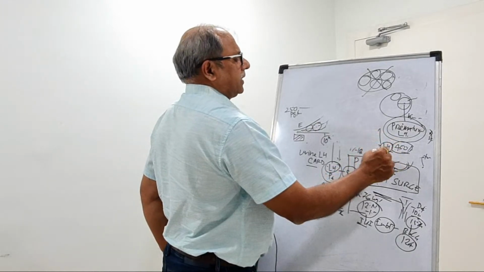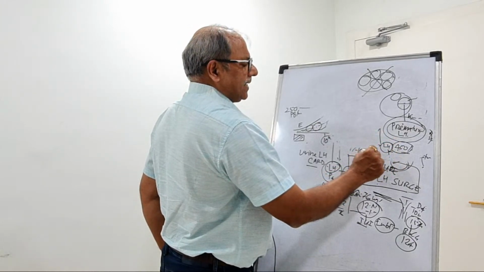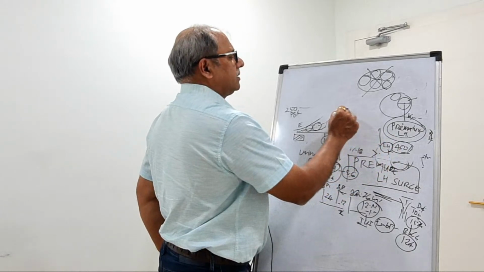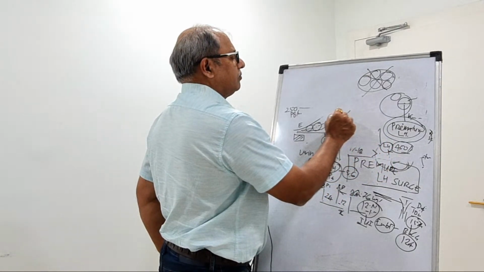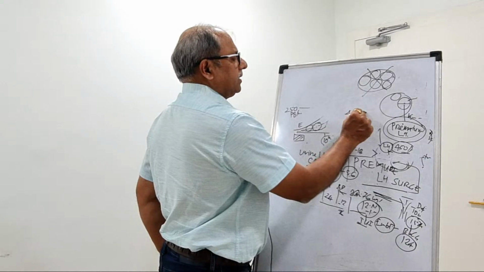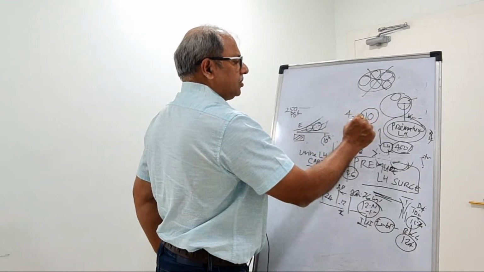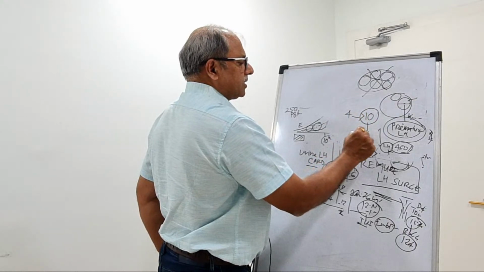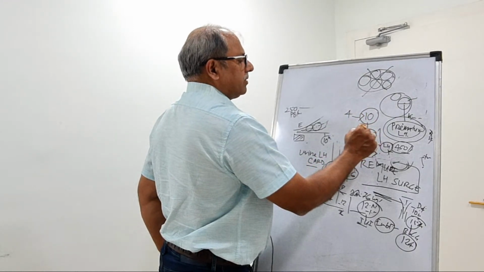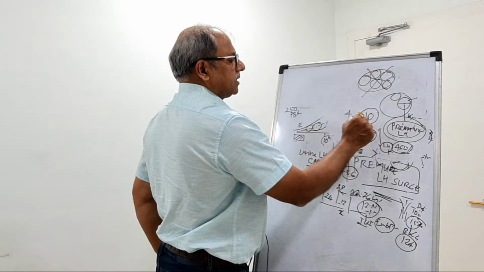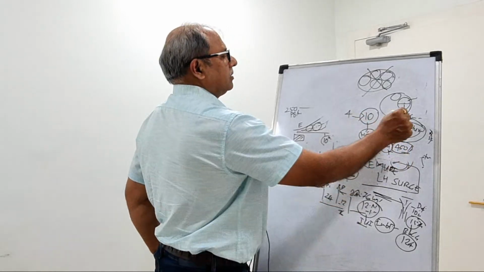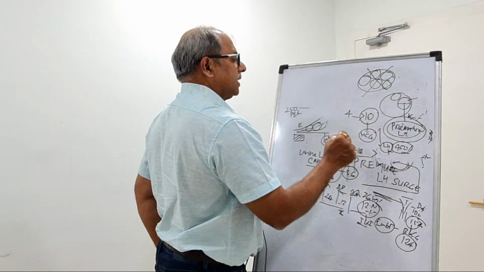If one day the LH is suppose 4, and the next day you do LH, it is more than 10, then this can be used with an HCG trigger on the same day. It will give an additional boost to this LH surge, and you can get a good follicle and good pregnancy rate.